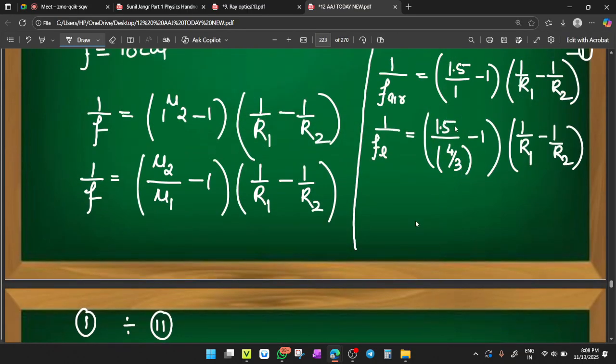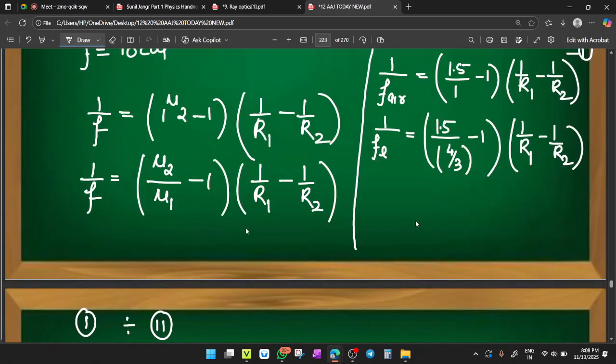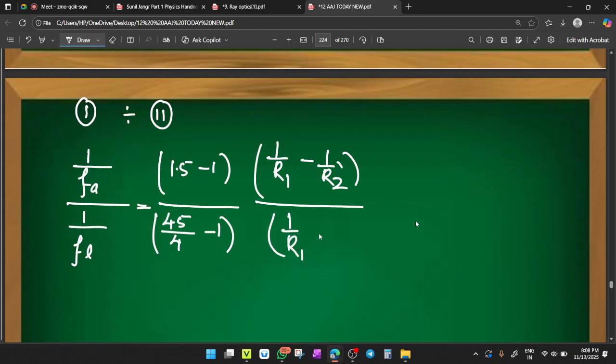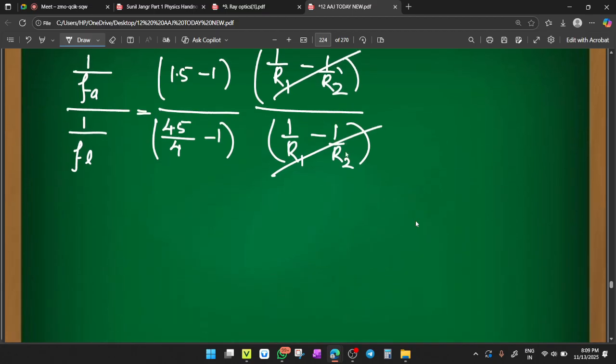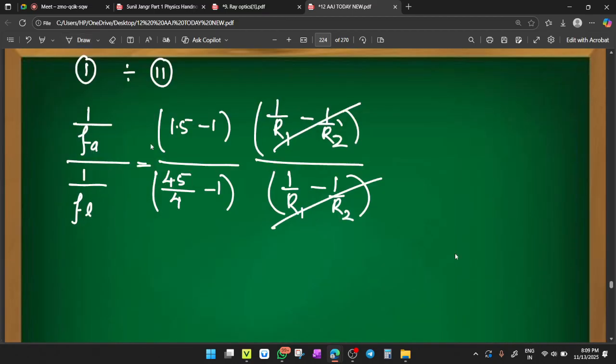So 3 comes upside, 1.5 into 3, 4.5 divided by 4, right? 4.5 divided by 4 minus 1, and 1 upon R1 minus 1 upon R2. Here it is also 1 upon R1 minus 1 upon R2. Clear? They both cancel each other. Yes. Now it becomes F L goes upside.